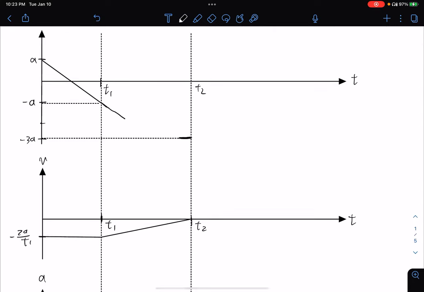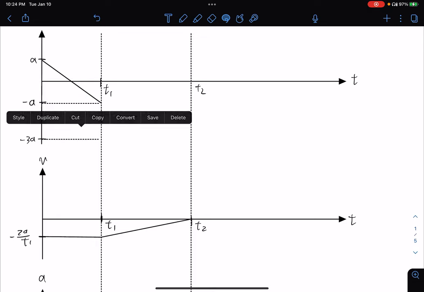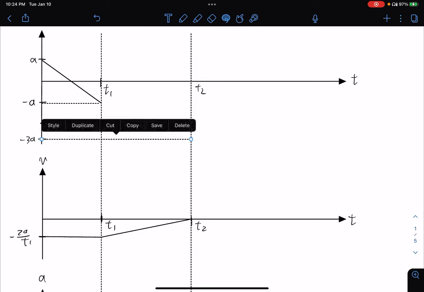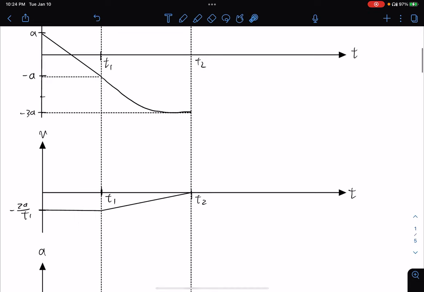So it's going to look something like a curve curving upward. Let me draw it more carefully. Oops, never mind. So it's going to be a curve that looks like this, which reaches 0 velocity when t equals t2.